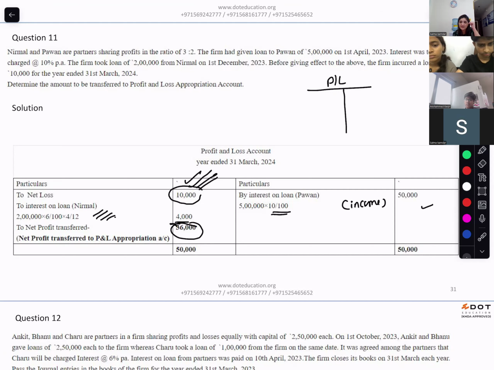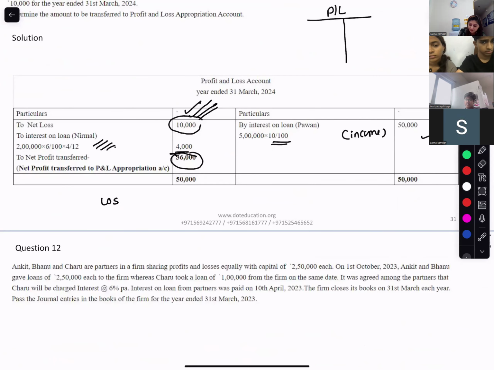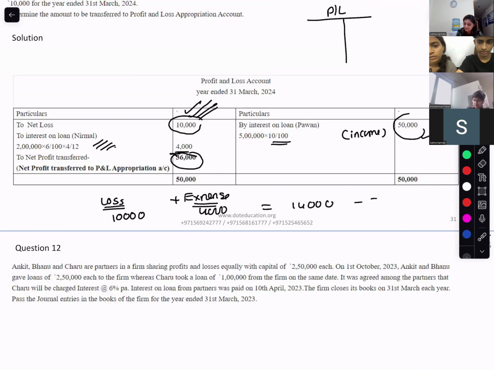But if you use a little bit of brains, the firm has a loss of how much? 10,000. The firm has an expense of interest on loan, which will increase the loss by 4,000. So 14,000, and the firm has income of how much? 50,000. So minus that will reduce the loss.